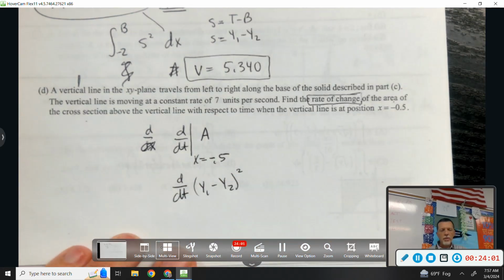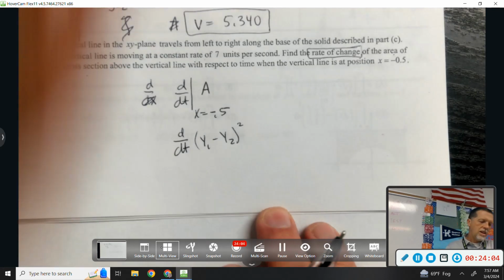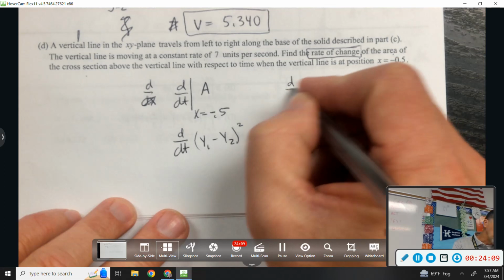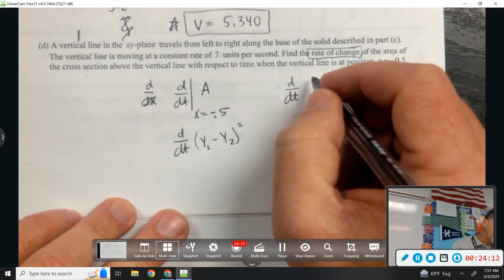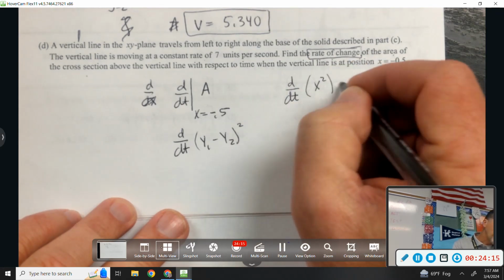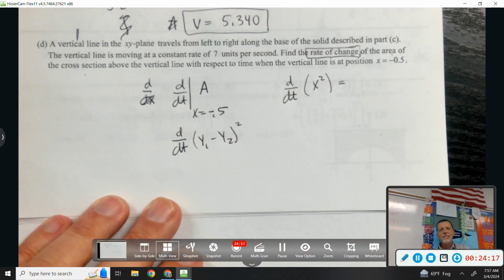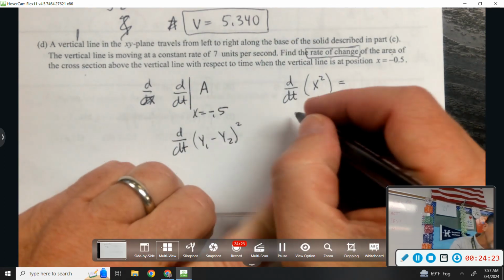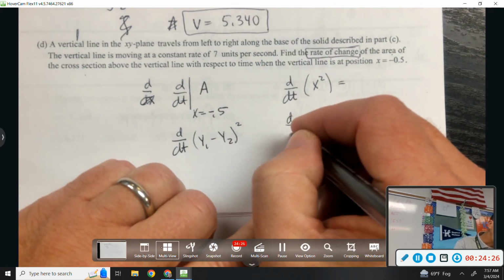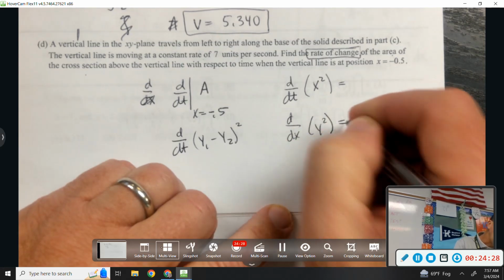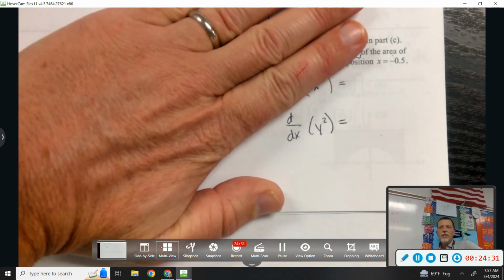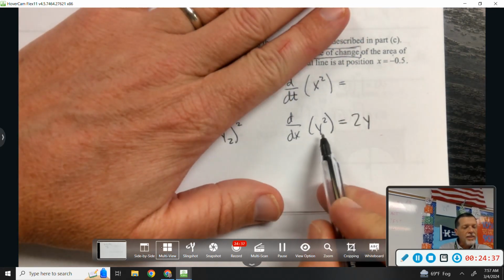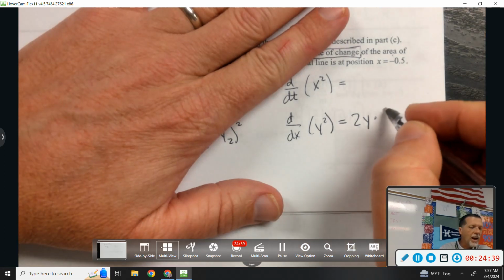The derivative with respect to t. Man, it's been a while since we did this. Do you remember what the derivative with respect to t of, let's say, x squared is? Let's do an easier one. Let's do the derivative with respect to x of y squared, because I think that's more familiar to us. So what's the derivative of y squared? 2y, but with respect to x, I need a dy/dx on the end of that.